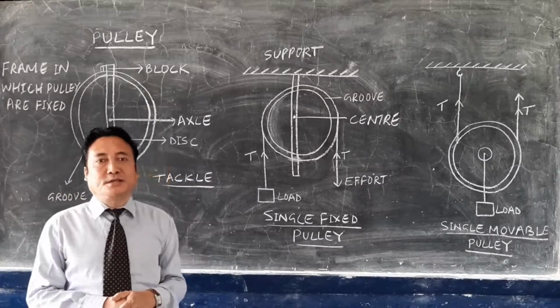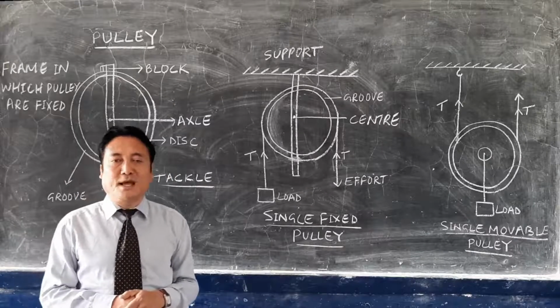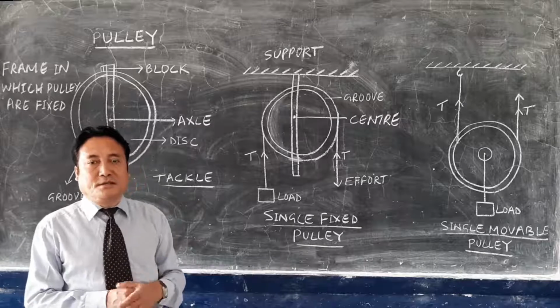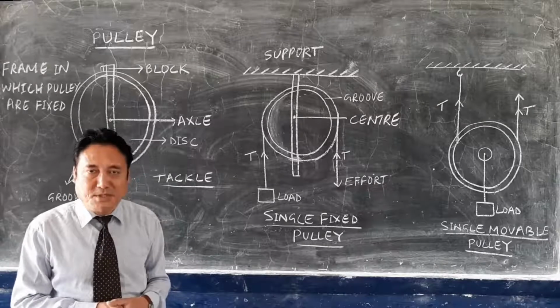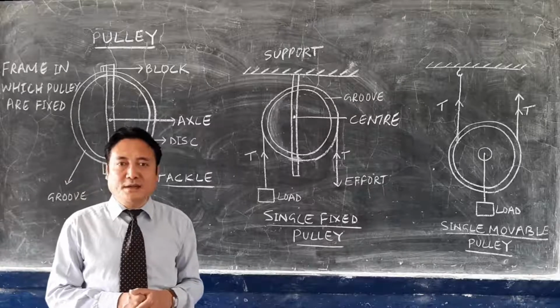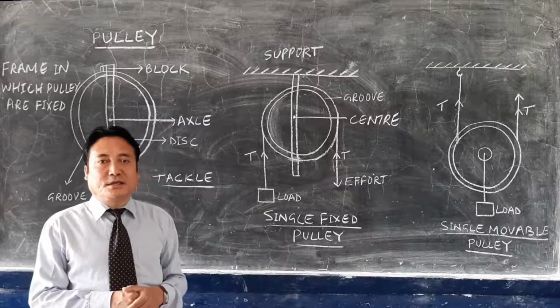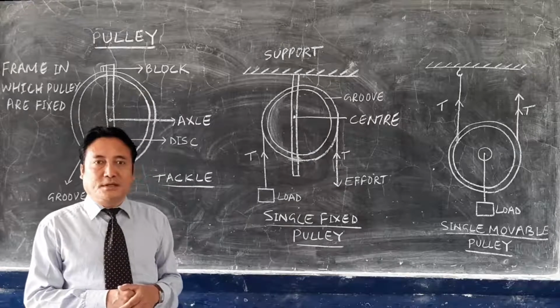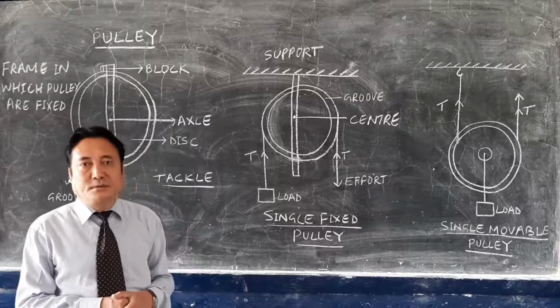Now, pulley is a simple machine. Why are they known as simple machines? You know that there are 6 different types of simple machine. Why do we call it a simple machine? Because they make our work easier and faster. Pulleys are used to lift heavy loads as well as light loads.